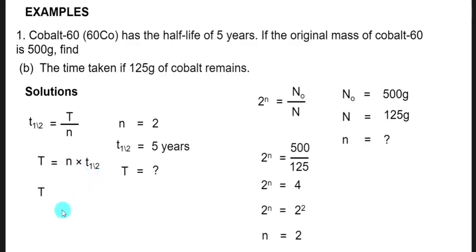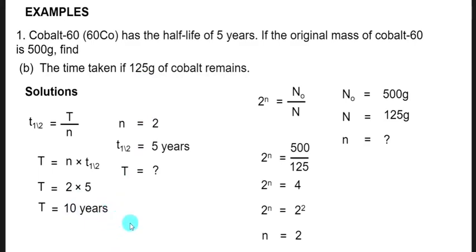You substitute: t is equal to n, which is 2, times half-life, which is 5. This times this will be 10 years. So the time taken to move from 500 to 125 is 10 years. All right.